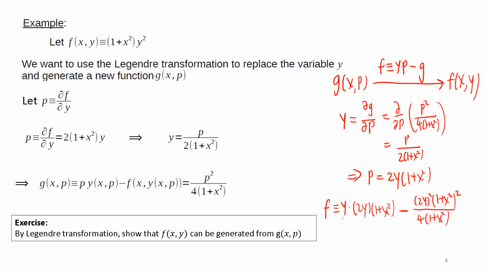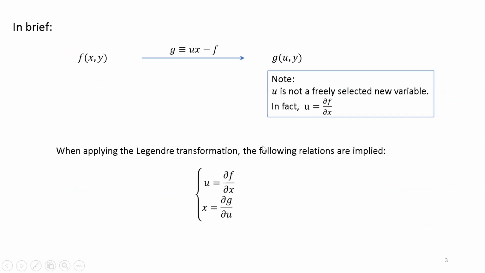After simplification, let's skip that, you should get back to this. Try to make sure that you know the procedures. That should be straightforward, so just basically follow this line.